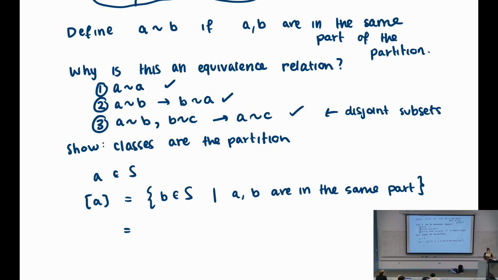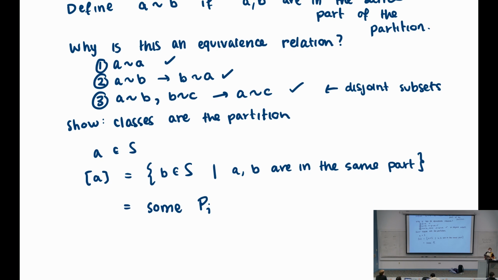So this would be equal to one of the P sub i's, and we will get all of the P sub i's as A ranges over the entire set.